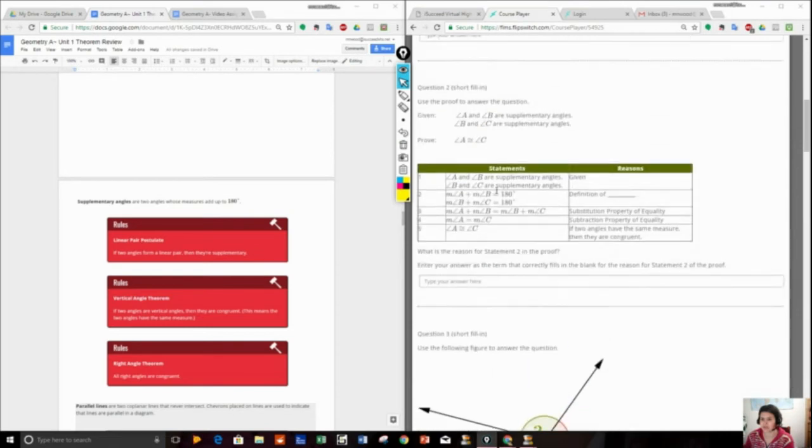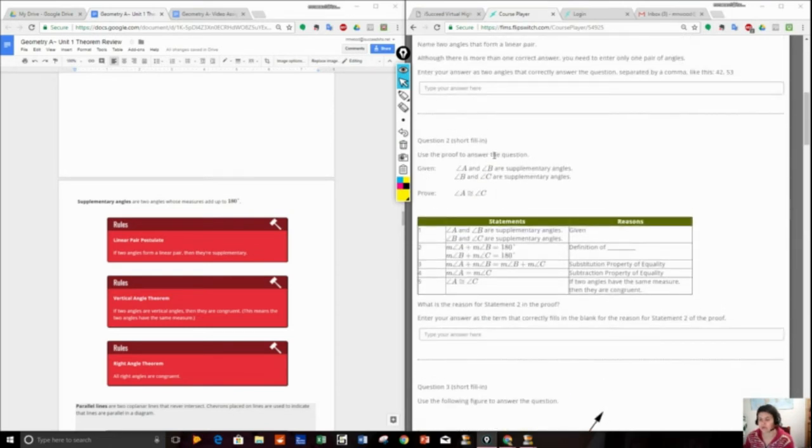And then we're going to jump to question 2. Use the proof to answer the question. Given angle A and angle B are supplementary angles, angle B and angle C are supplementary angles, prove that angle A is congruent to angle C. So again, notice that the given right here starts off our proof.